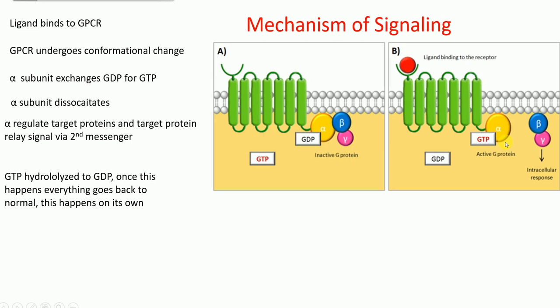For example, the regulation of this pathway occurs when the hydrolysis of GTP happens and everything goes back to normal, like here. From this scenario, it goes back here, like in the inactivated state where the G protein coupled receptor can take one more ligand and the signaling can occur, right? So one way of regulation is the hydrolysis of GTP, and this happens on its own.